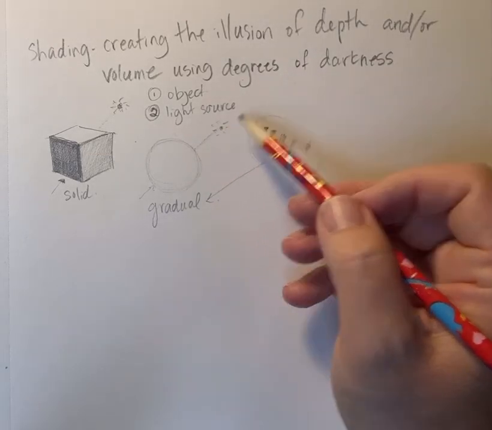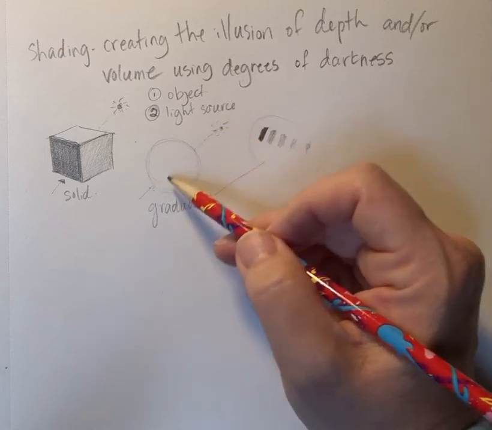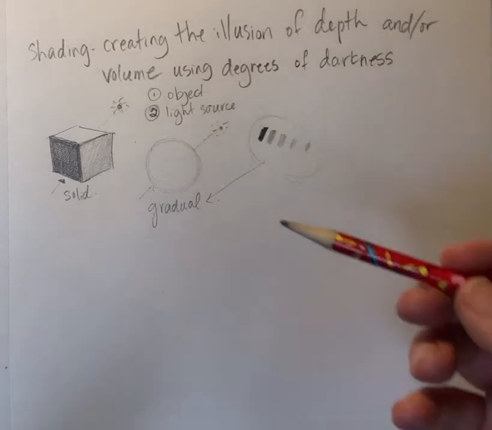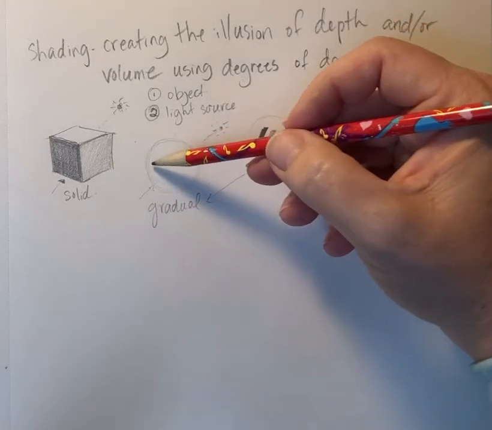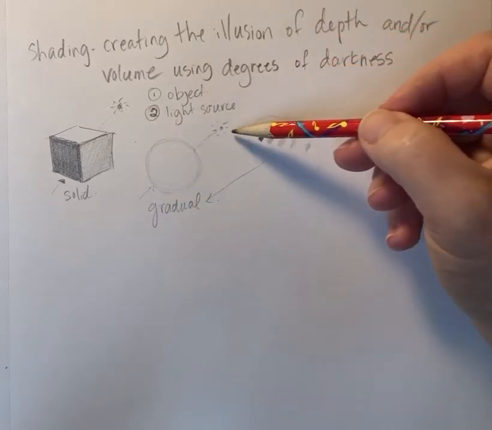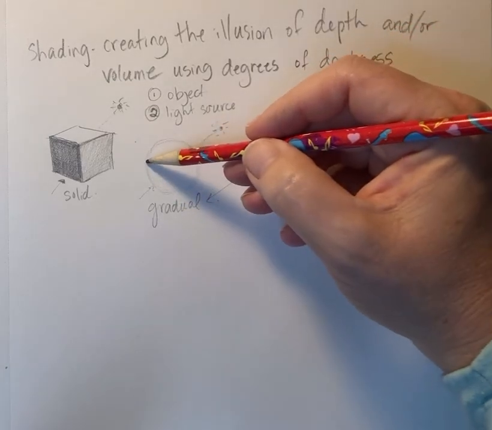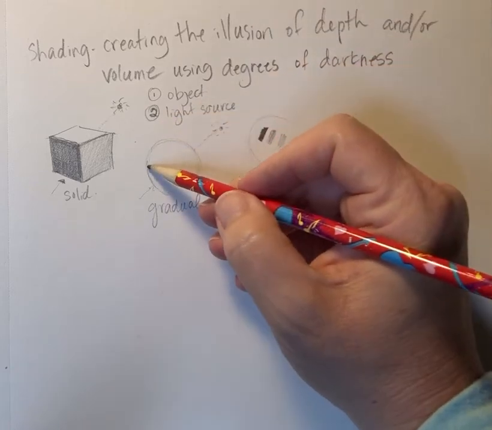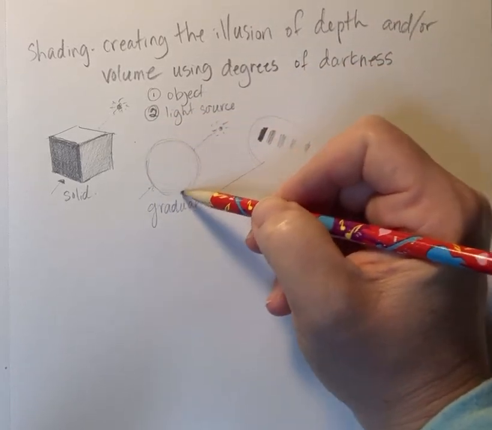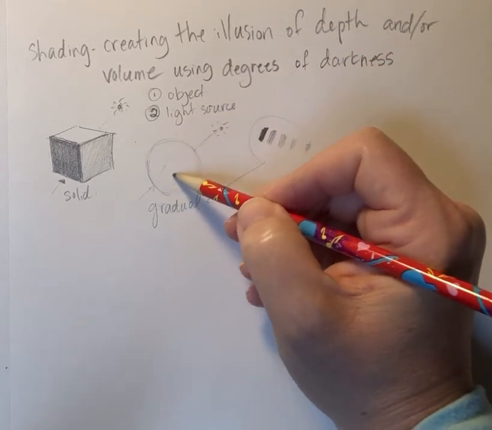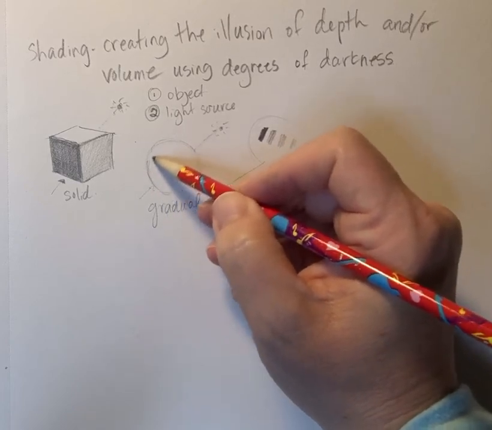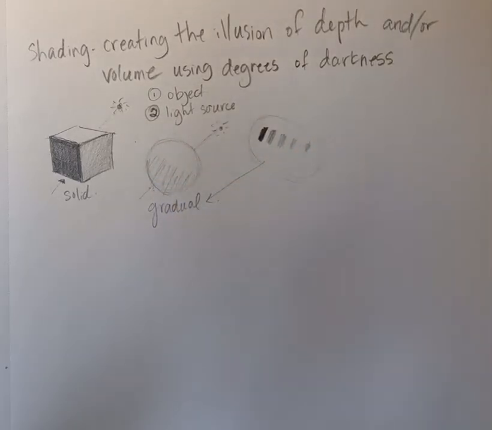You can start either with your lightest or your darkest point and work your way. Actually, it's probably easier, to be honest, to start at the darkest point and work our way closer to the light. So one really great tip is a lot of people will just start drawing stuff in, maybe some lines like this. I'll show you. This is okay, but it can actually really flatten out your image.